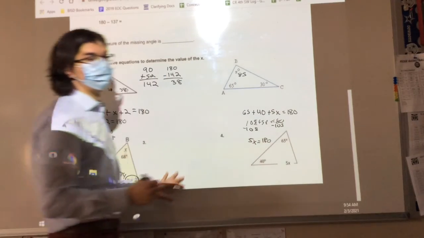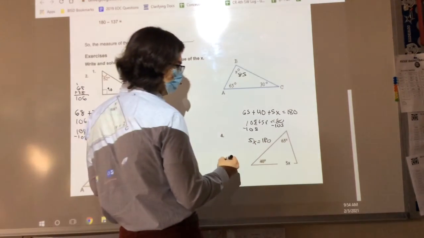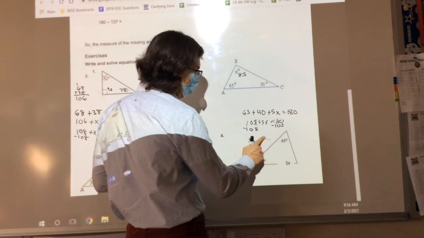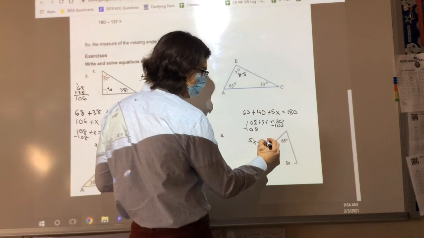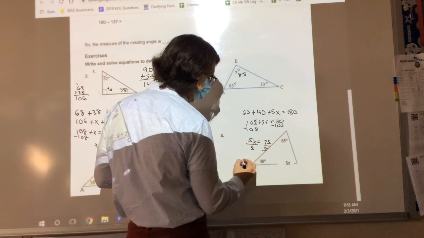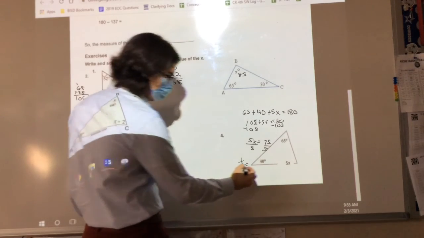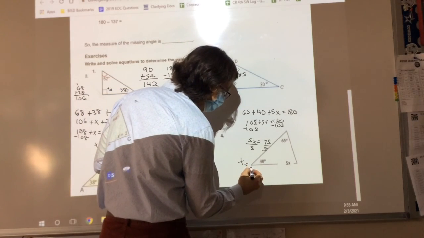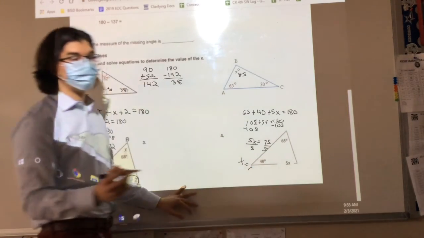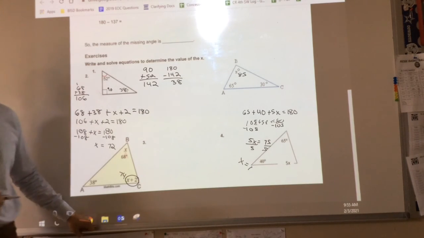And what's my final step going to be? Oh, yep, you're right. 180 minus 105 is 75. Divide both sides by 5. And x is equal to what? 15, right?